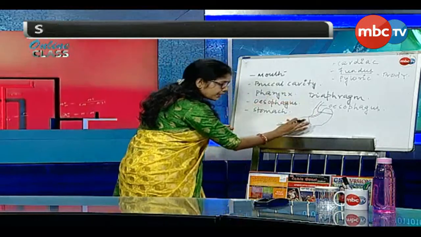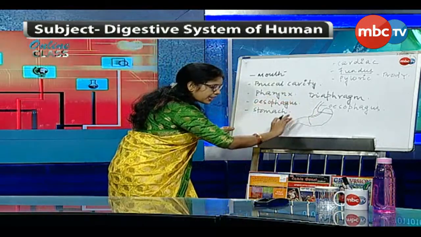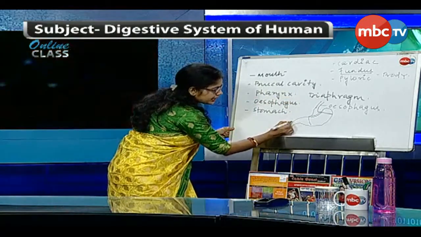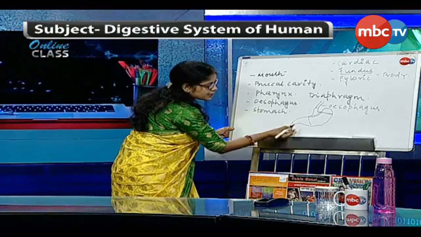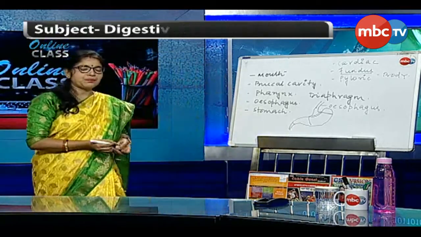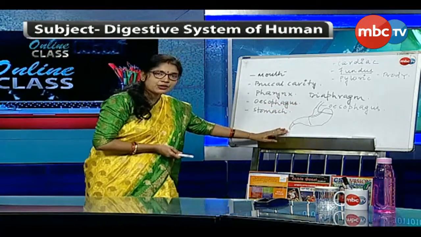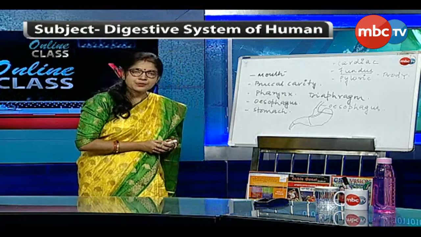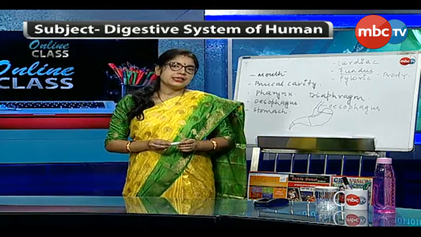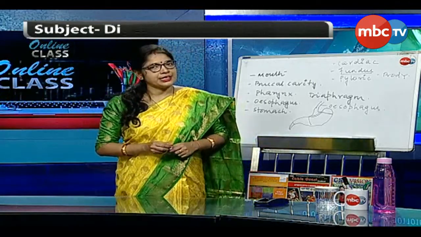Similarly, in between the pyloric part of the stomach and small intestine, there is the presence of another sphincter which is known as pyloric sphincter. So, these cardiac sphincter and pyloric sphincter are responsible to prevent the backflow of the food material.